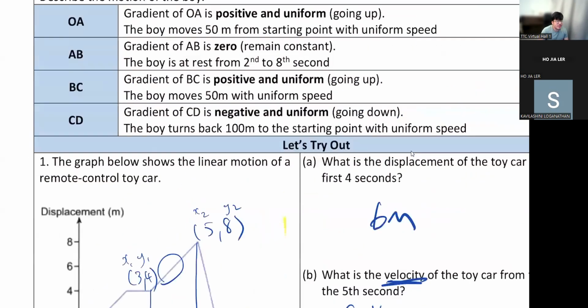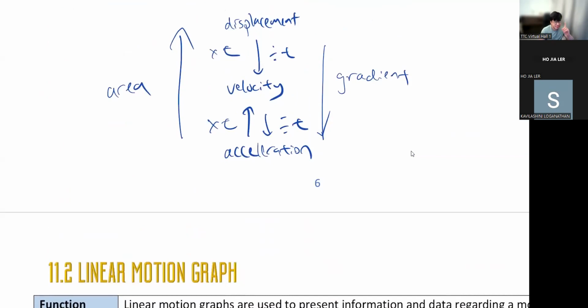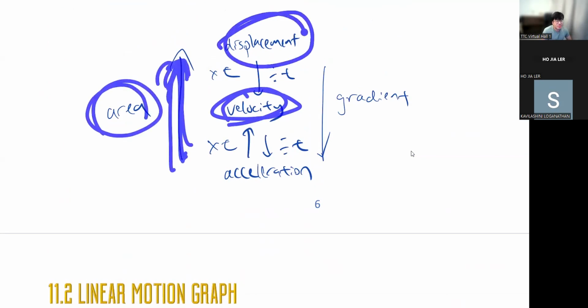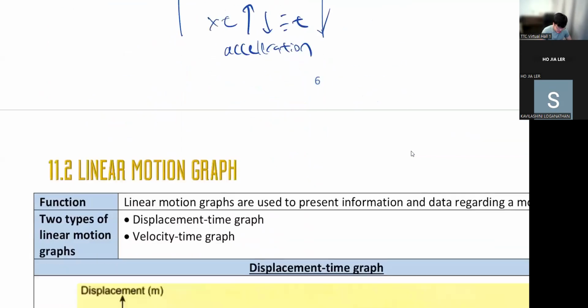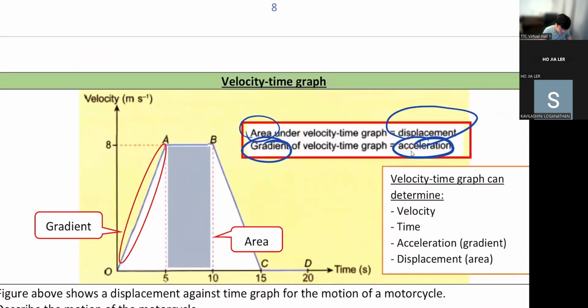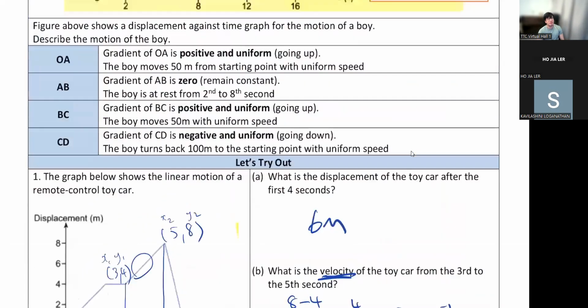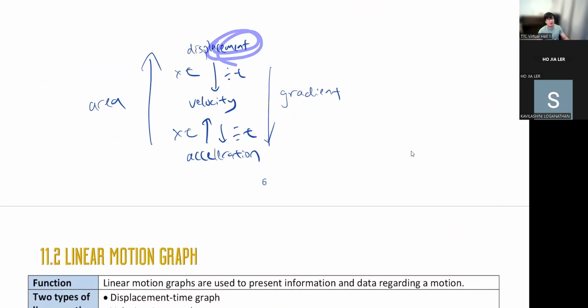And then area is going up, so going up is displacement. So for velocity time graph, the area is displacement. This is what I use. This is like my personal note, my own cheating note. You can use this, up to you. This makes my life better. If not, you just have to memorize it that way.